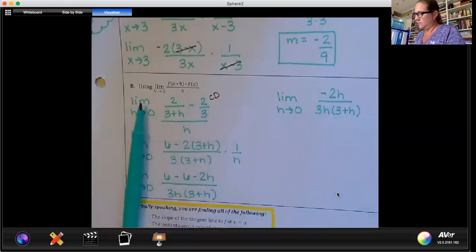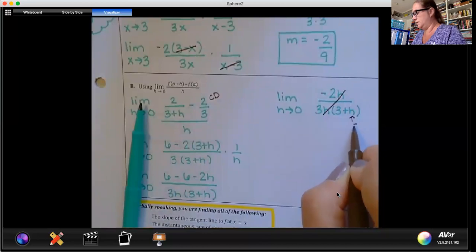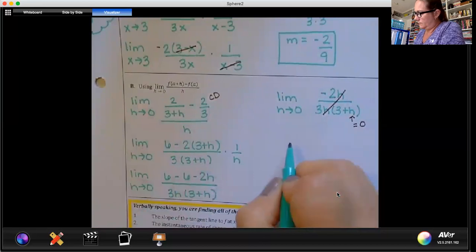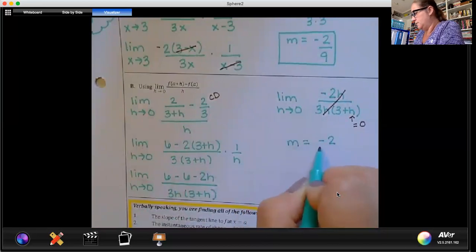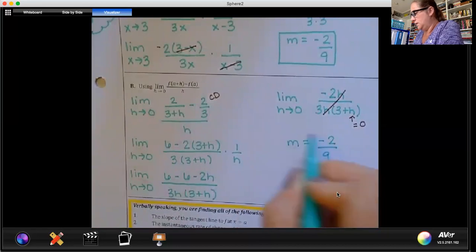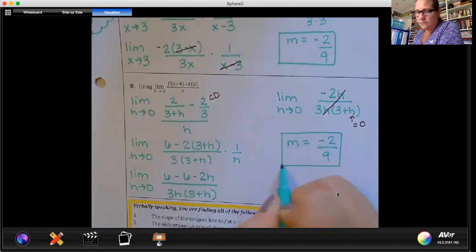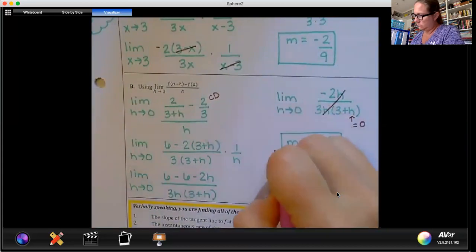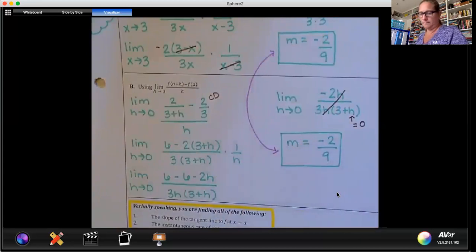Your h's cancel here, and this h is equal to 0. So you have negative 2 over 3 times 3, which is negative 2 over 9. Notice that it doesn't matter which of your two formulas you use. Your slopes are the same.